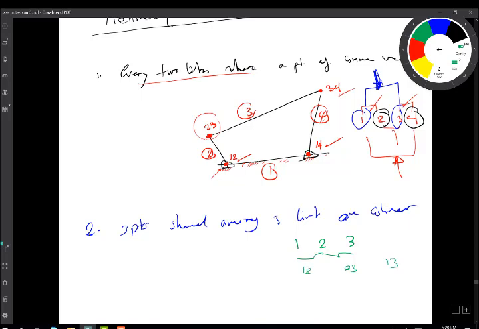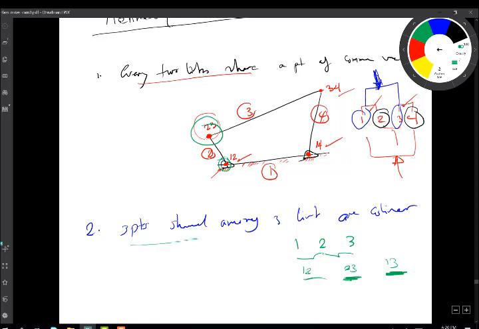In my example here, this was 1, 2, and this was 2, 3 over here, and the missing point is 1, 3. Now, 1, 3 must fall on the line which connects 1, 2 and 2, 3.